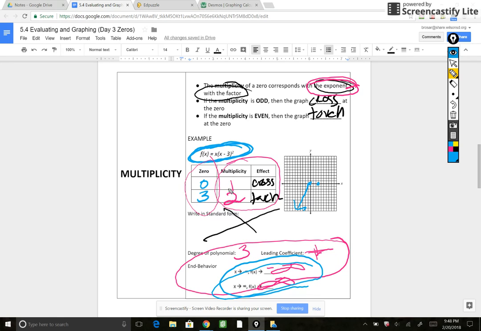Then at 0, I say that it's going to cross. I don't care how high you go right now. And then I have to come back down to the other zero, but at 3 it says it's just going to touch. So I'm just going to touch and then go back up. So I start down because of my end behavior. I cross because of my multiplicity. I touch, and then I go back up.